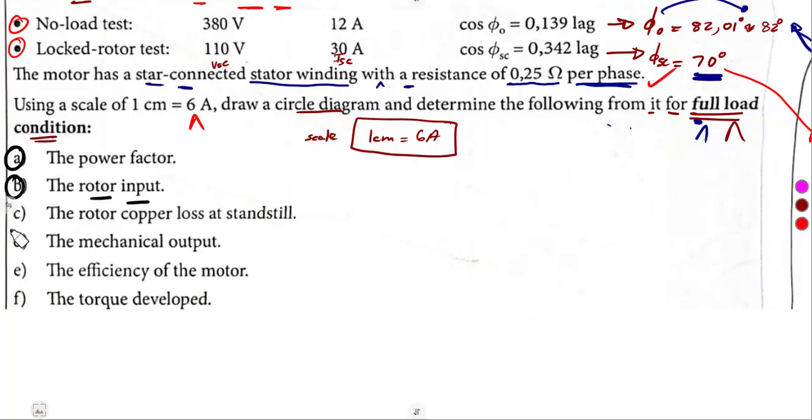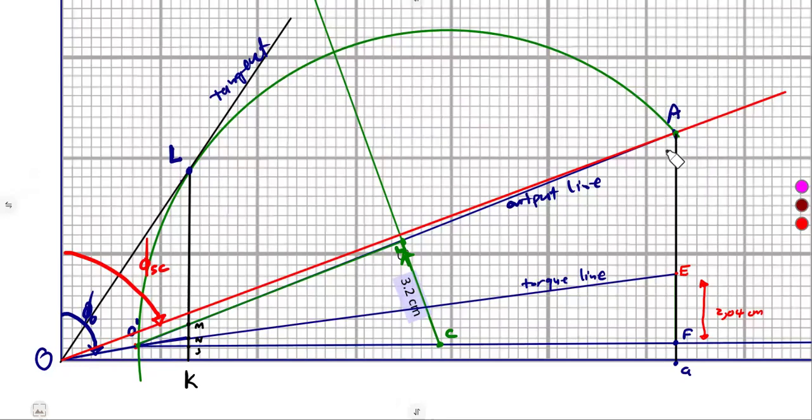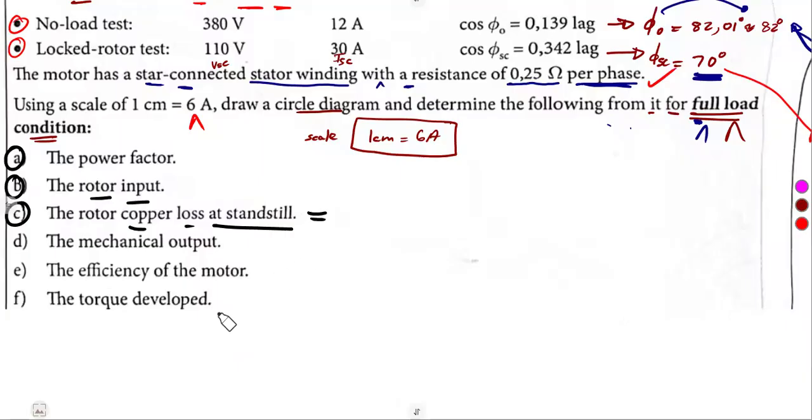Moving on to the other question, the rotor copper loss at standstill. So the rotor copper loss at standstill, we must work with what? The value of the standstill, the rotor part, which is from A to E. So you're going to measure that. So this was going to be square root of 3 times our line voltage times the vector AE. So that's it.